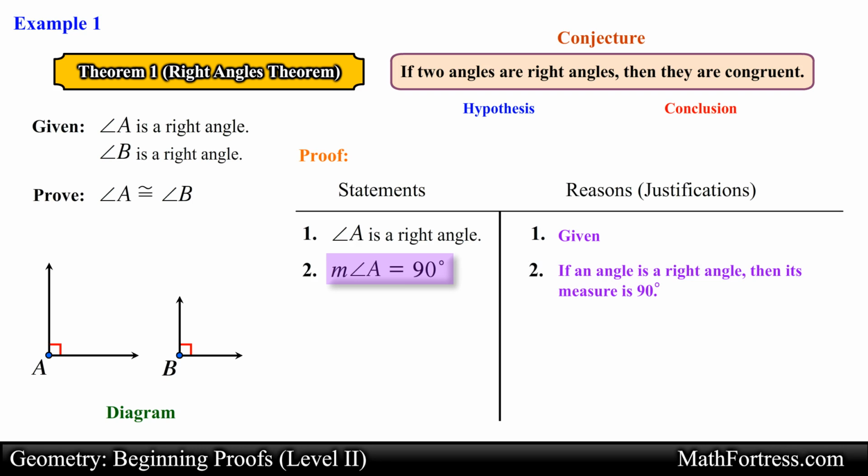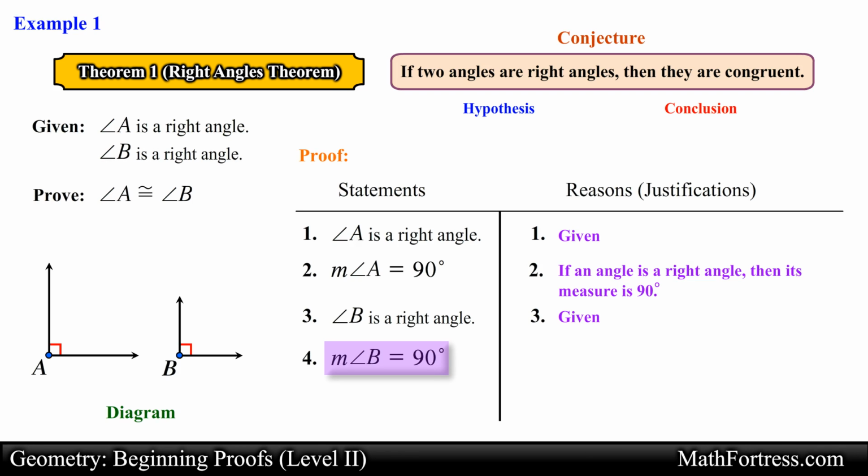In this case, if an angle is a right angle, then its measure is 90 degrees. Next, we write angle B is a right angle. And the reason for this statement is that it is also given. We then write the measure of angle B is equal to 90 degrees. The reason for this statement is once again because of the definition of right angles. So we can either write the reason from line 2 or just write same as line 2.